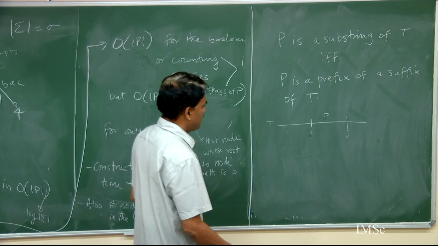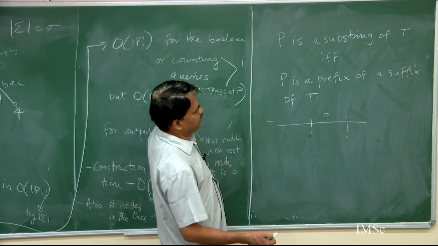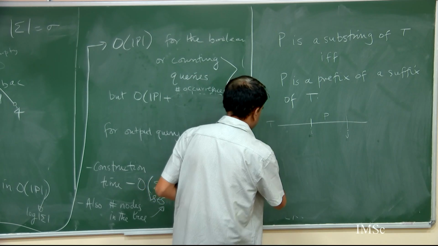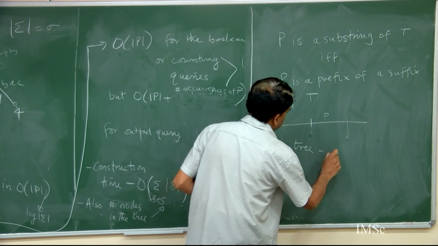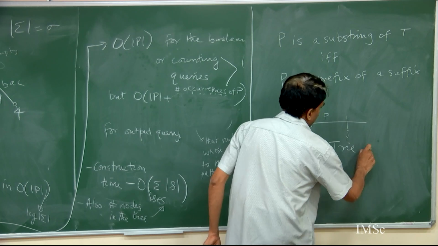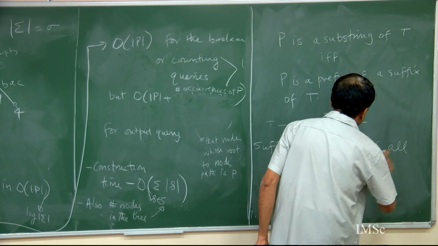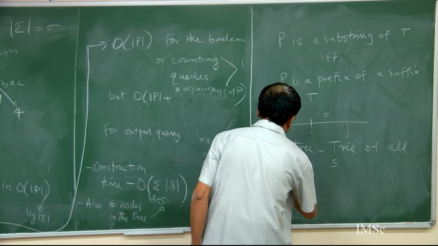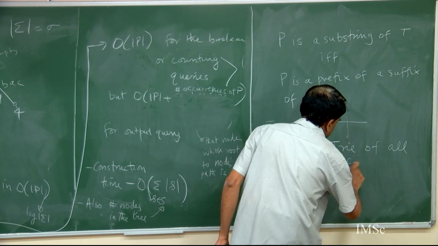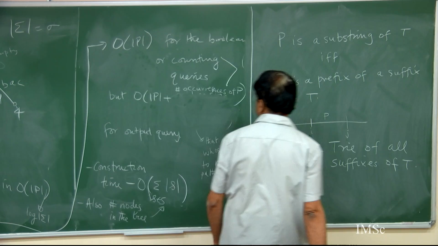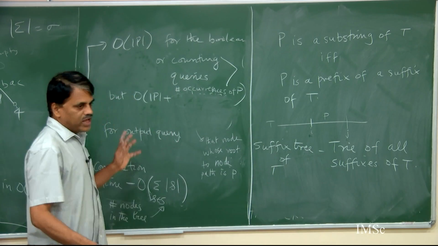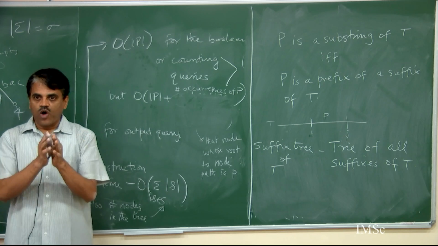Now the idea is to build a trie. So, suffix tree is simply a trie of all suffixes of T. Take your text, look at all the suffixes.